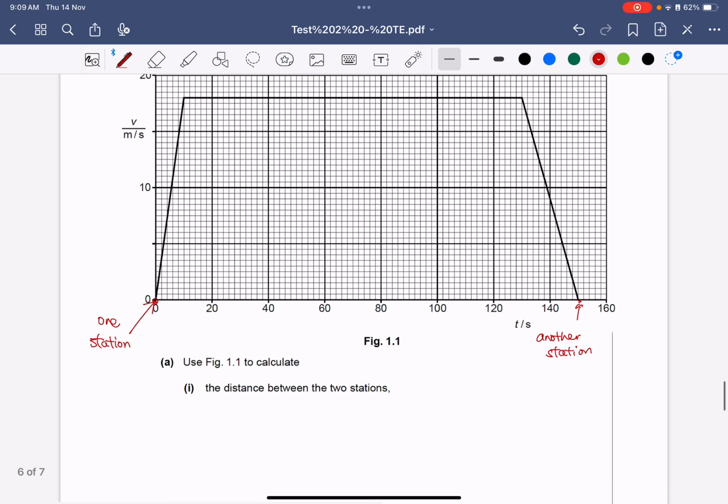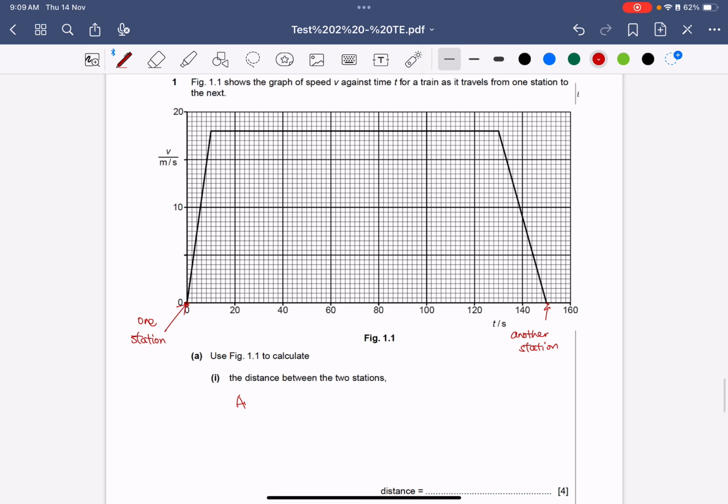So find the distance. Distance will be just the area under the graph. To find this area, we need to find the upper part, lower part, and then the height. Okay, what is this?